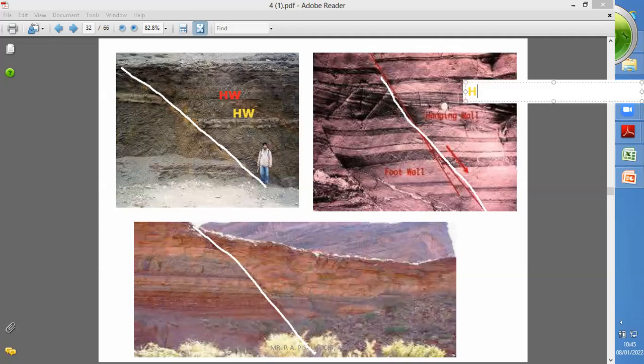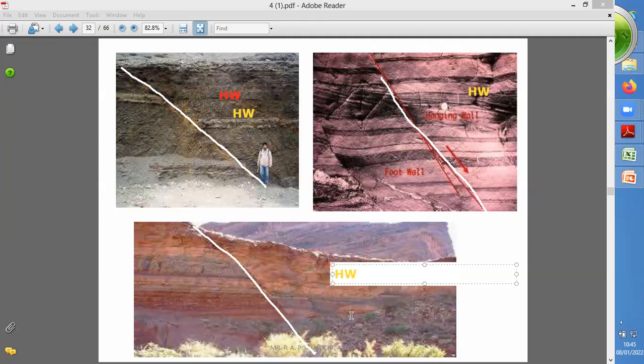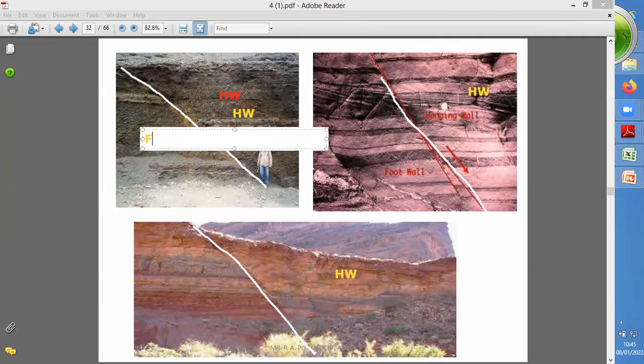Here, this is the hanging wall. And here, this is the hanging wall, the block which rests above the fault plane, and the block which rests below the fault plane is considered as a footwall. So these are the footwall. Okay, hanging wall and footwall.